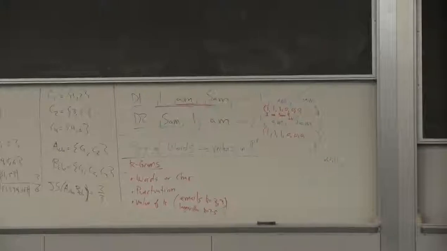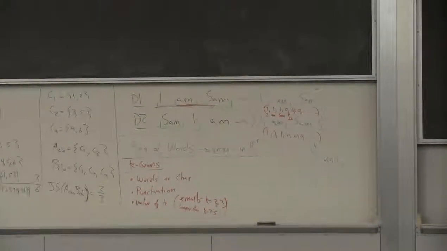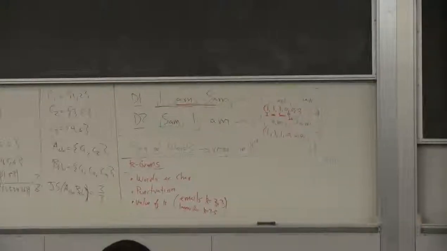If you have the word green in there, and you're using characters with k of 3, then you're going to have GRE, REE, and EEN, all of these 3-grams in the set. And so you're going to be able to tell the similarity that way.